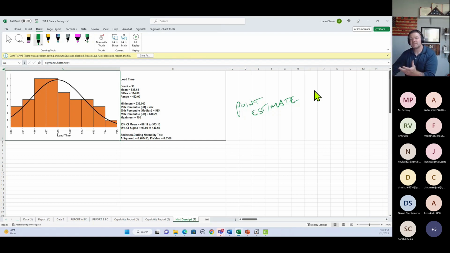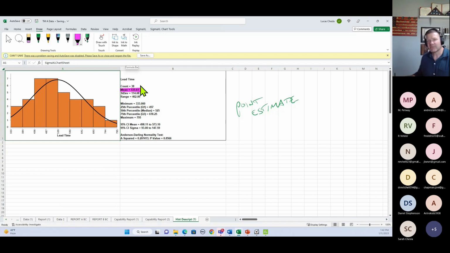So this is a point estimate, meaning if the boss asks me, what is the average time for our process? We would jump to, well, it's 536. That's the average. Is it? No. This is only a sample. There's actually a range of numbers that it could be. Remember when we found 68%, it could fall here, 95, it could fall here.